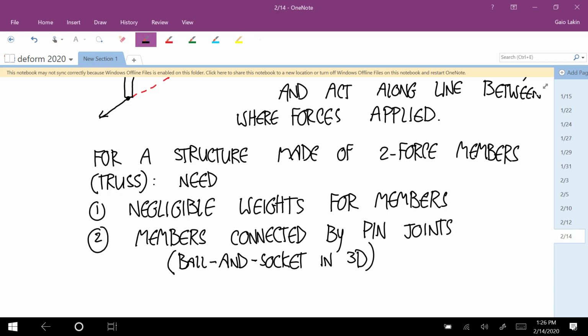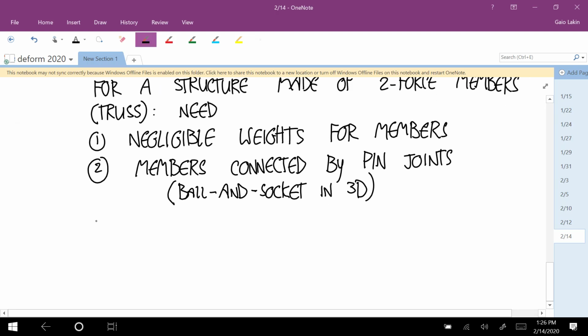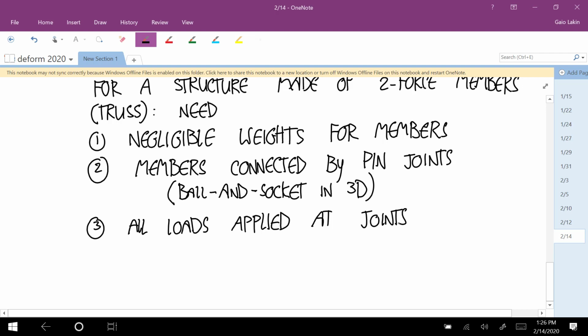And then the third one is that all the loads have to be applied at the joints. Because again, if you have a beam with a joint here and a joint here, and then you apply another force in the middle, then again, that's more than two forces.